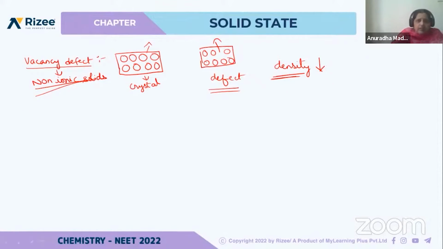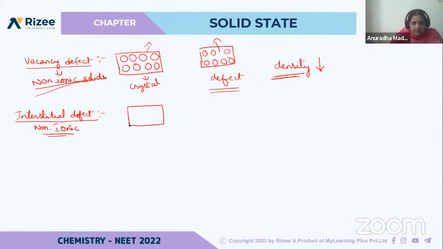Then the next one is interstitial defect. This is also shown in non-ionic compounds, non-ionic solids or crystals. Okay, this is our crystal lattice with some particles inside it.